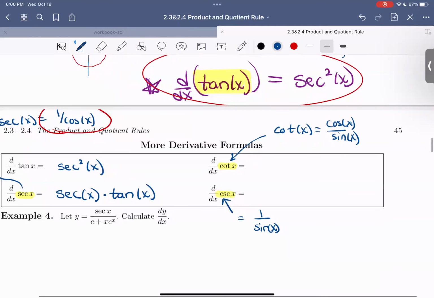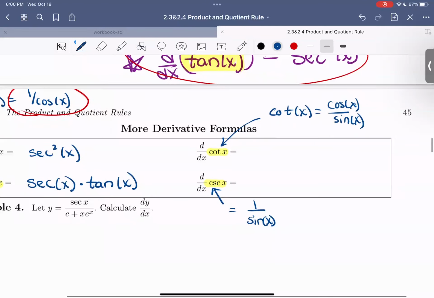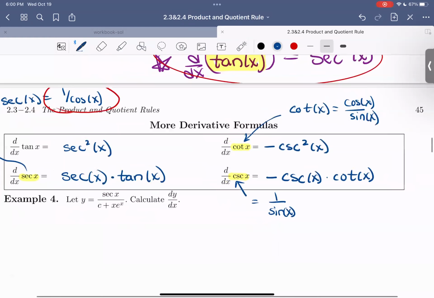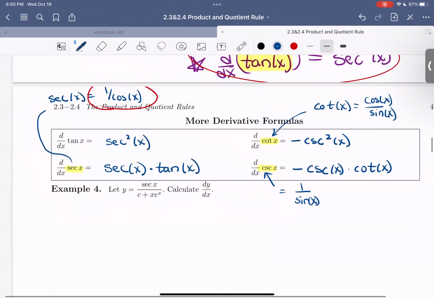So the derivative of cotangent becomes negative cosecant squared of x. And then the derivative of cosecant becomes negative cosecant x times cotangent x. So it's tempting to memorize these formulas, and if you want to do that, that's fine.